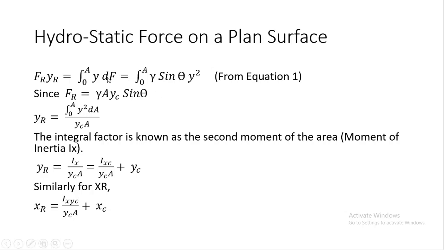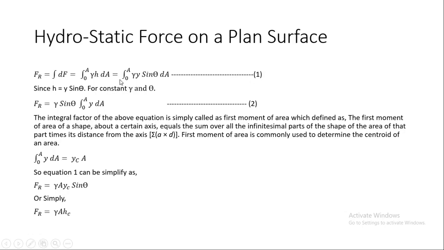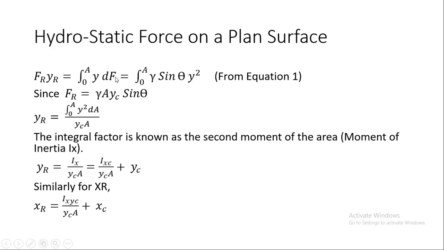Here we know what dF is from the previous slides. The dF is equal to sigma y sine theta dA. So we put these values in that equation. Okay, and as y is present, this y becomes y squared.